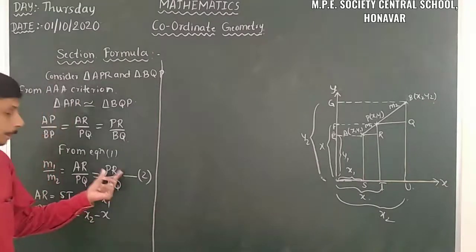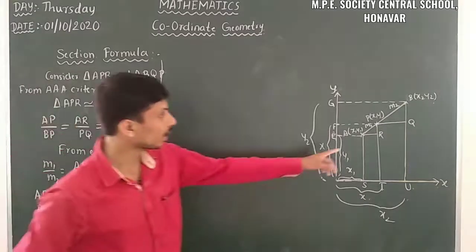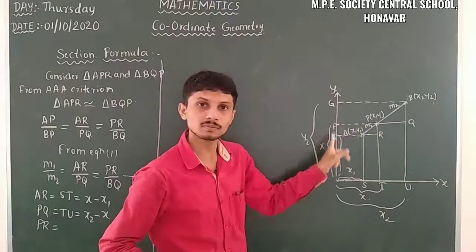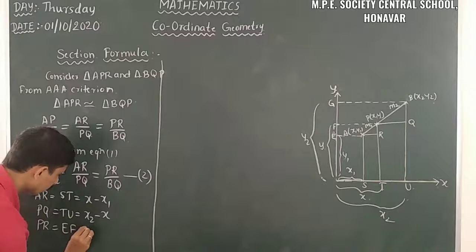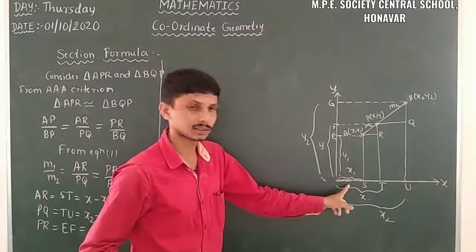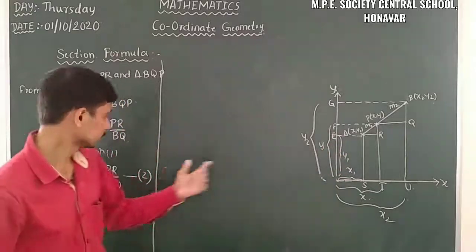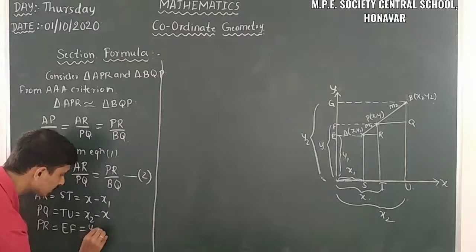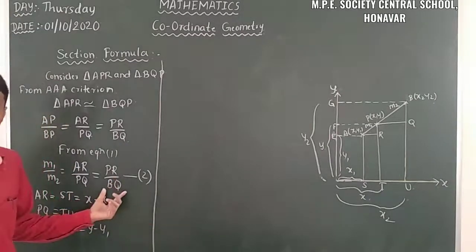Then let us take PR. This is the distance PR. PR can be written as EF. Just observe, when we subtract y1 from y, we get EF, that is y minus y1. Then let us take the last distance, that is BQ.